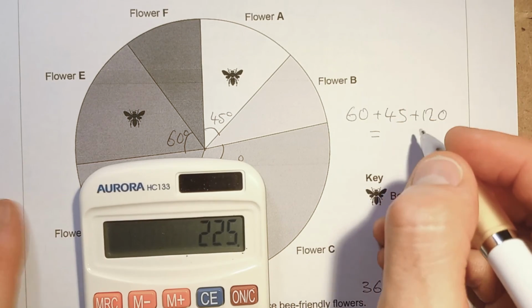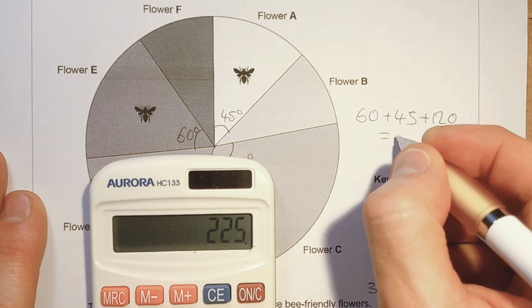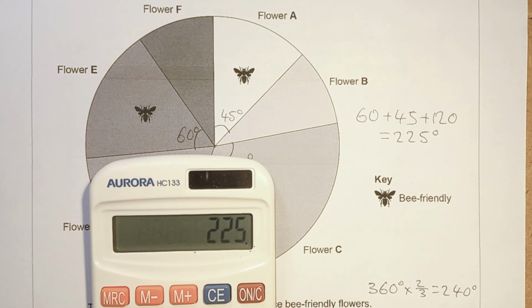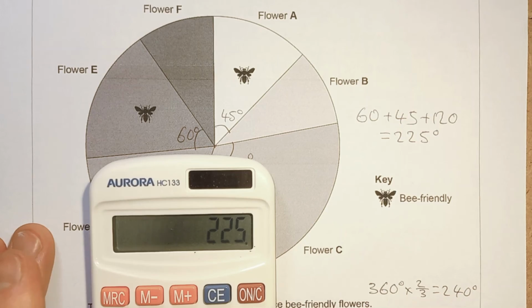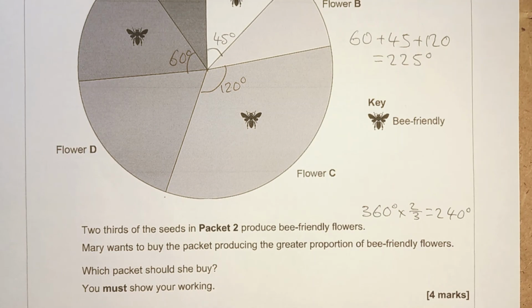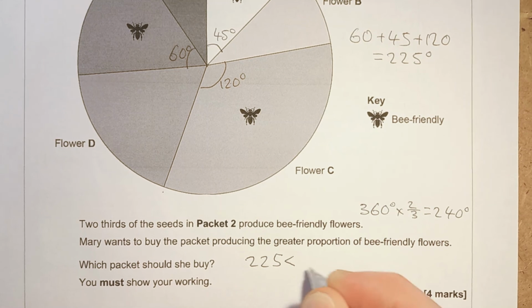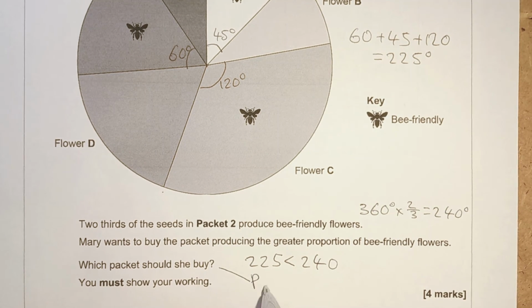With total, this gives me a total of 225 degrees. Well, that's less than this one. So we can say 225 is less than 240. So which packet should she buy? Packet 2. That was the bigger number, more degrees.